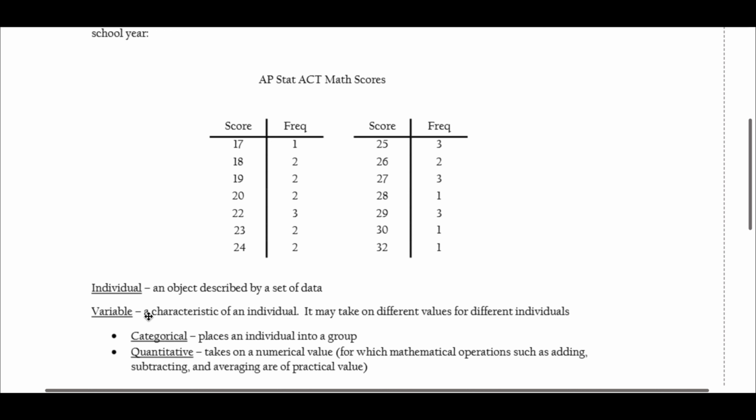The first one is categorical, which basically means the variable places an individual into a group. And quantitative is the variable that takes on a numerical value for which mathematical operations such as adding, subtracting, and averaging are of practical value.